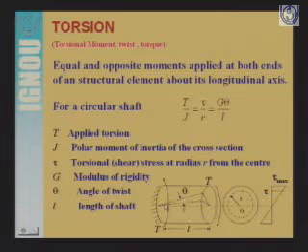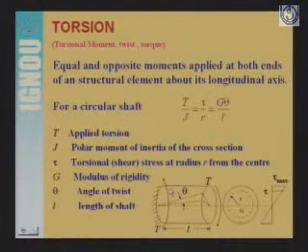As you see in this picture, from this position, this particular element has, under the effect of twist, reached this position. It means there is a twist of the fiber or element by an angle theta, and here this angle theta is called the angle of twist.